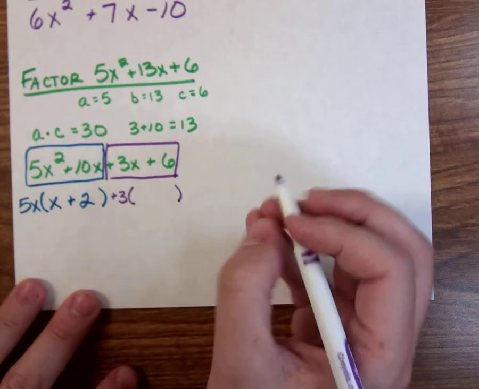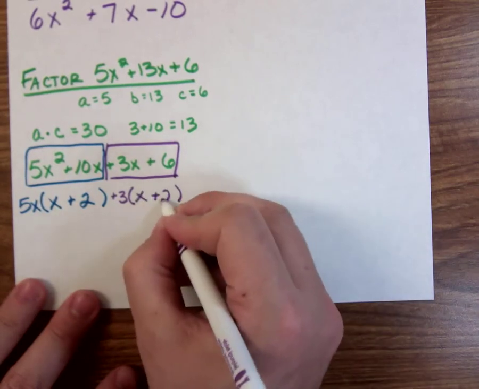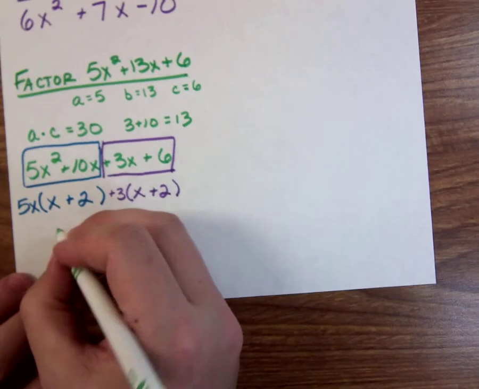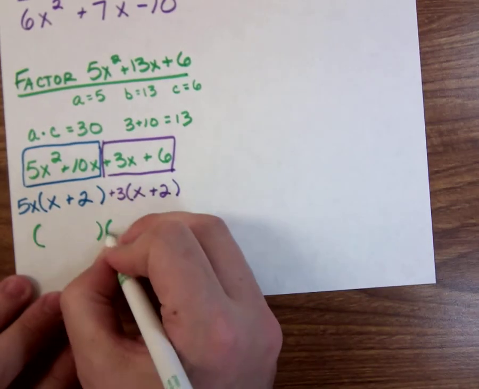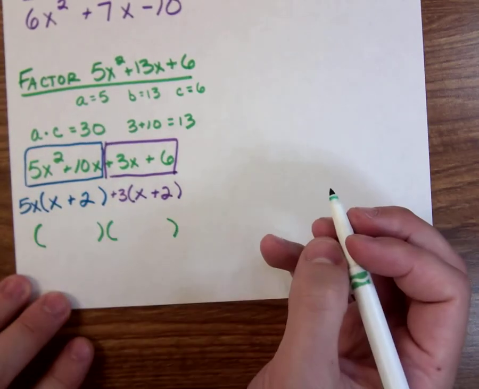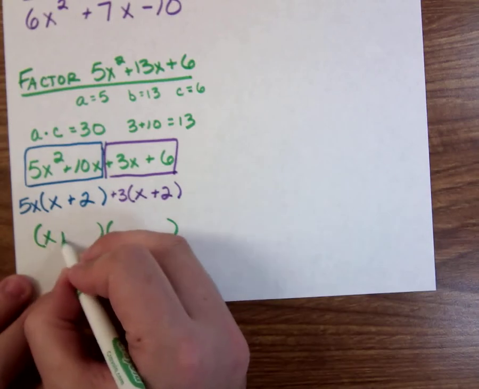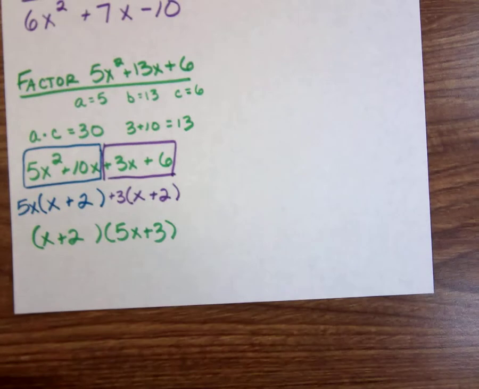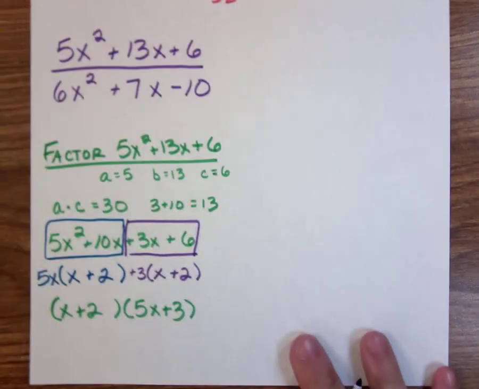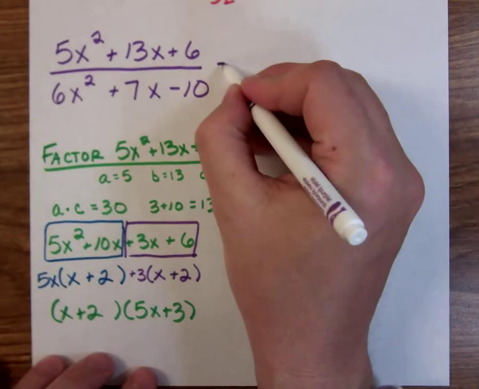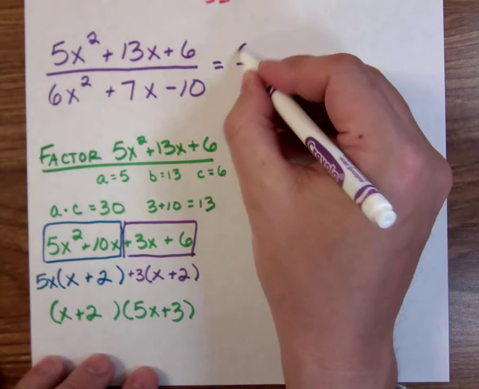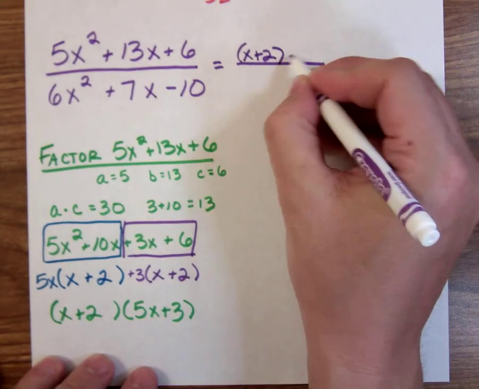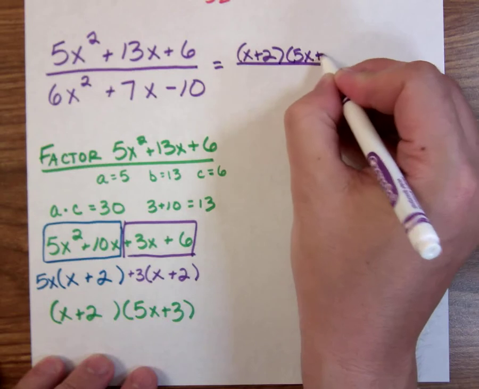Leaving me with, oh, that's a relief. So what are my actual factors? X plus 2 times 5x. There we go. Great. So back up here at the top, the numerator factors into x plus 2, 5x plus 3.